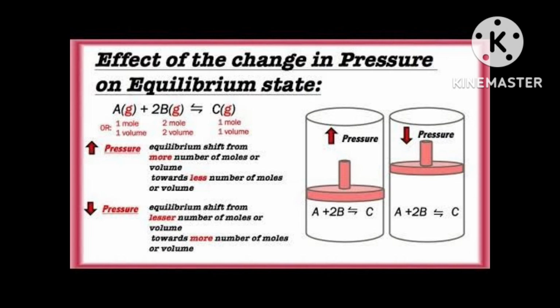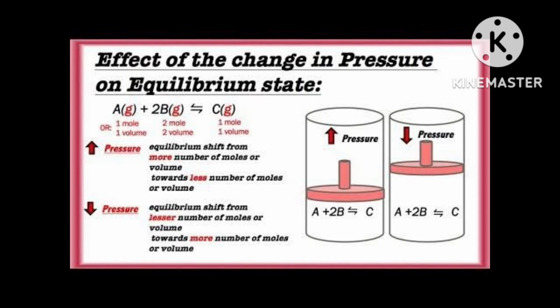Change in pressure will change the equilibrium. Here pressure has a role. And second example, just now I told you that CO plus 3H2 gives CH4 plus H2O. Here also it will apply. In this case, Q is less than Kc. By following the Qc expression also you can understand.